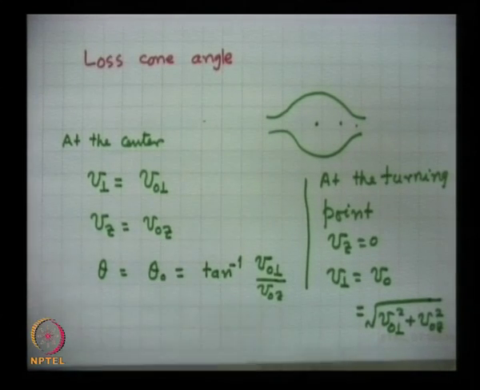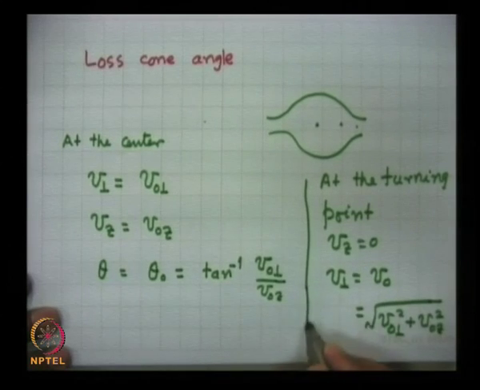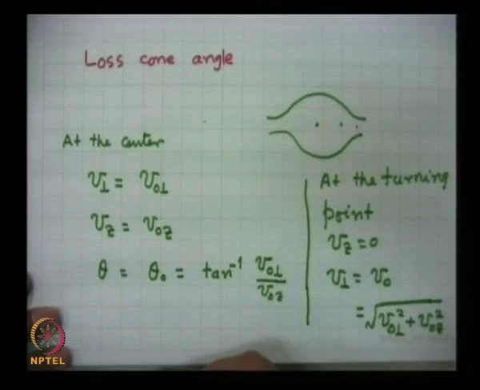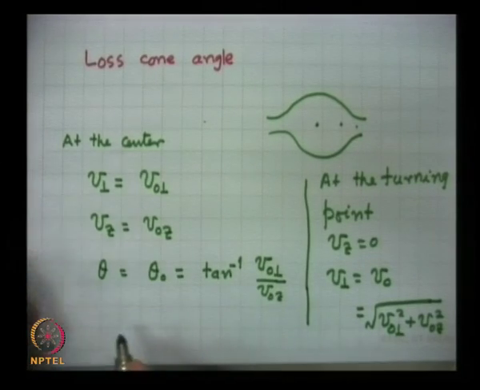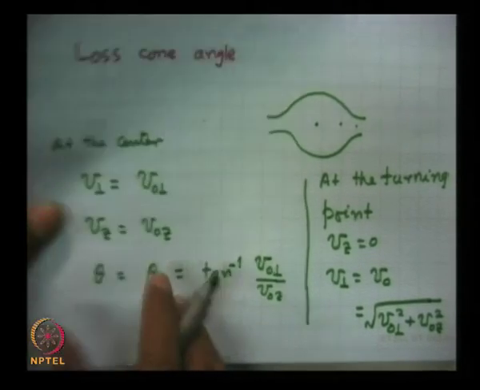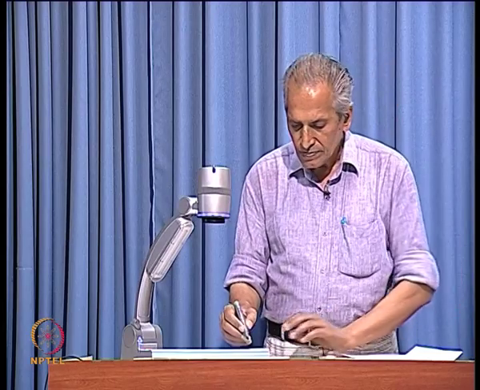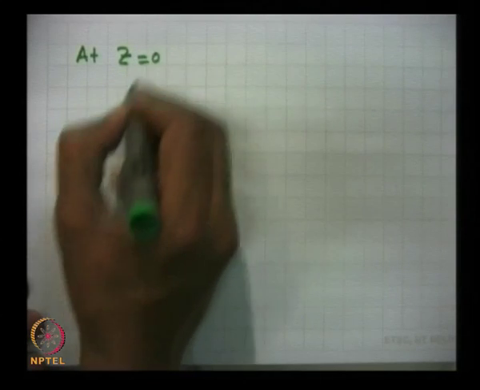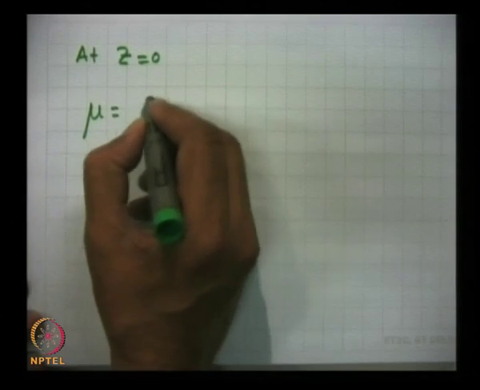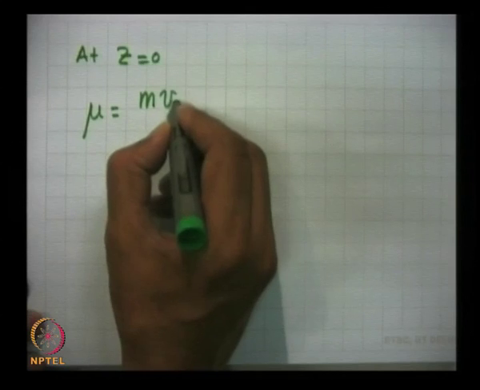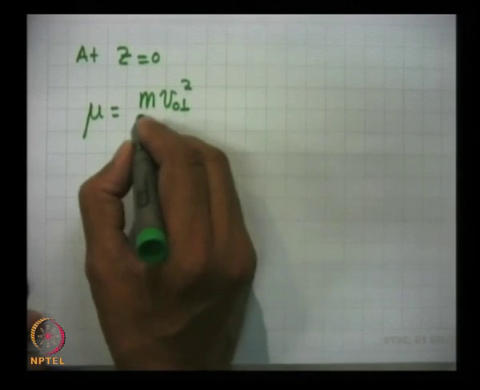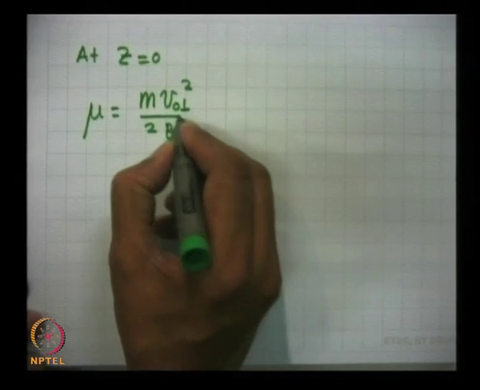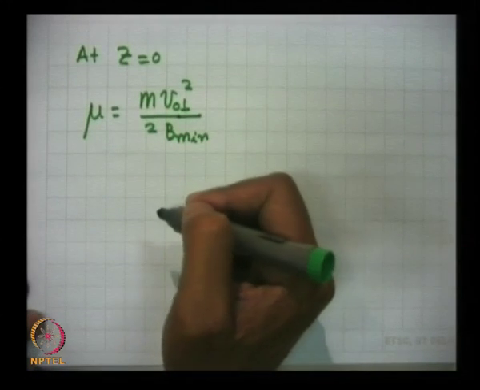But the magnetic moment here and the magnetic moment there should be the same because it is a constant of motion. So, let me write down the magnetic moment. At z equal to 0, magnetic moment mu is equal to m V0 perp square upon 2 into B minimum, because the magnetic field there is B minimum.